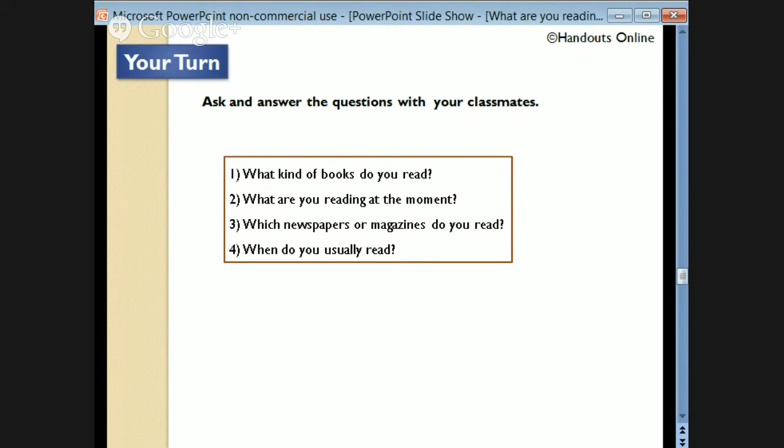So the first one is a habit. It's general. The second one, I am reading, is what is happening now, in the moment. This is action. I am reading. This is habit. I read Cosmopolitan.